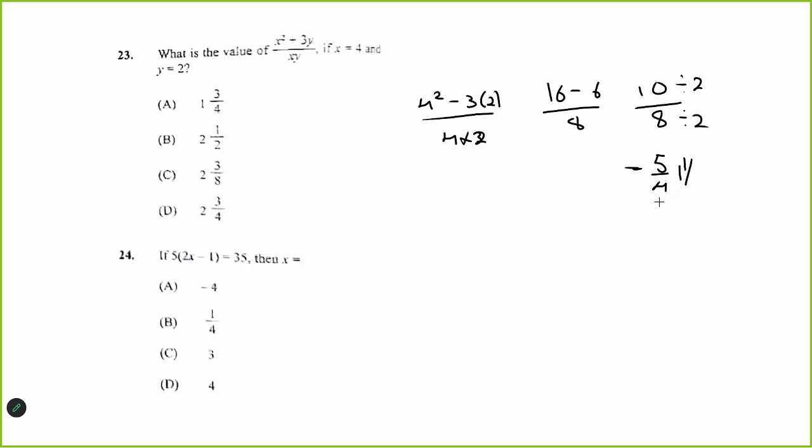Did I do something wrong? Or is this plus? When I look back at the question, although I'm not seeing it, it is in fact plus here.